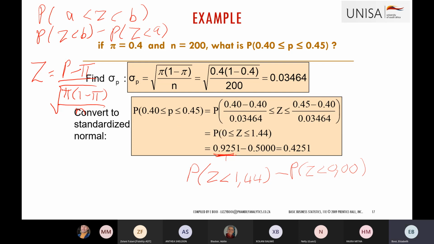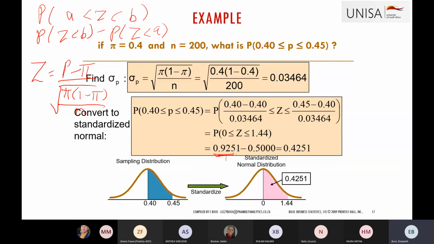Subtract one from the other. The probability of between will be equal to 0.4251. We have standardized our value from the sampling distribution to a normal distribution.